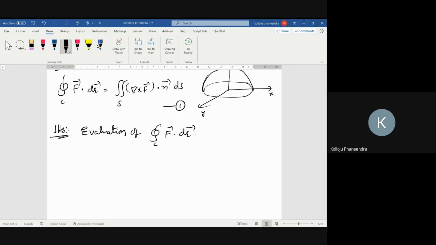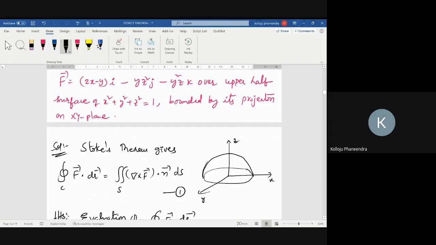Now, when I consider f bar dot dr bar, what is the curve C here? The surface is bounded by curve C. Curve C is clearly a circle. What is given here? The upper half of the surface bounded by its projection on the xy plane.